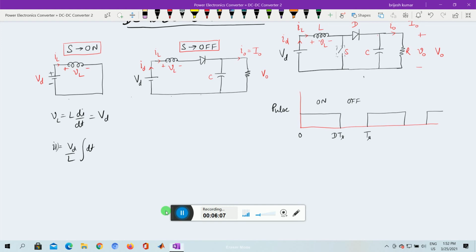or we can write this as integration of di from a certain value. We can integrate both sides, from time t equal to 0 plus to a certain time t, and this is also from t equal to 0 plus to a certain time t.